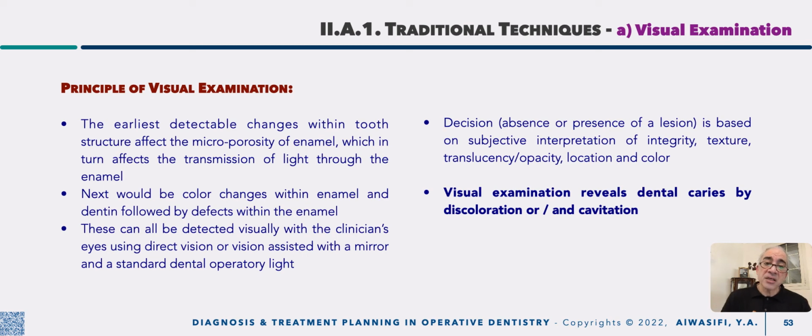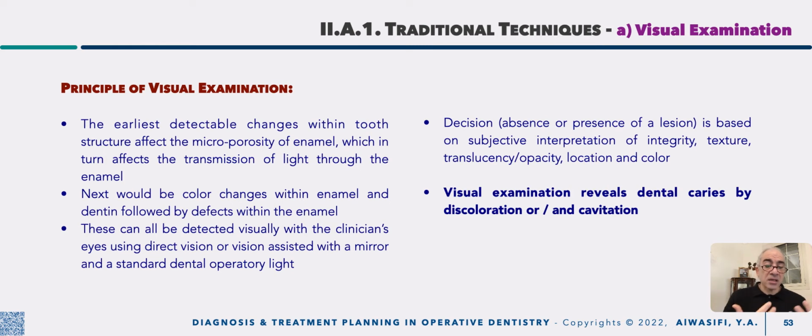After that, these micropores could attract stains from food debris, and that's why it gets a darker discoloration. It all starts with microporosities due to demineralization of enamel. This alters the light transmission and reflection through enamel and gives you a chalky white appearance. These micropores could be sealed or occupied by stains, until full demineralization and the enamel is destroyed, creating cavities.